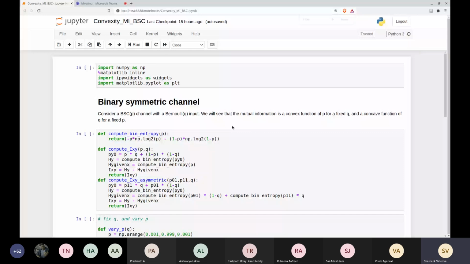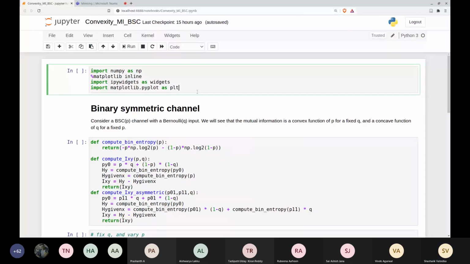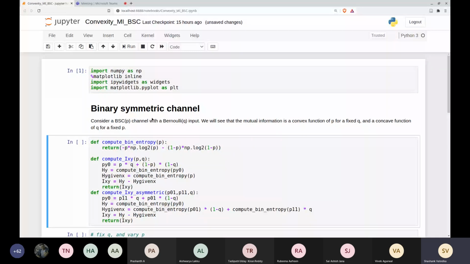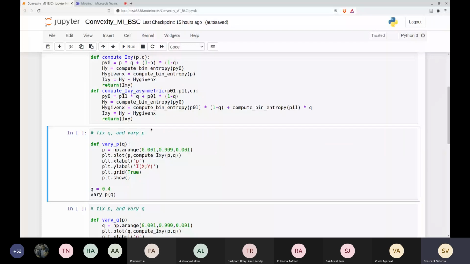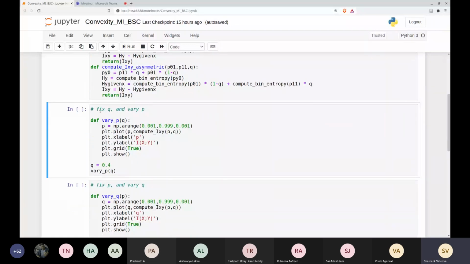Okay, so here I'm considering a binary symmetric channel with a Bernoulli Q input, and I'm going to plot the mutual information as a function of P and Q. Here I've written some functions just to compute the mutual information, and first what I'm going to do is fix a Q. I'm going to fix the input distribution and vary the crossover probability.